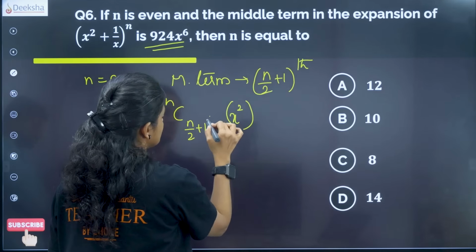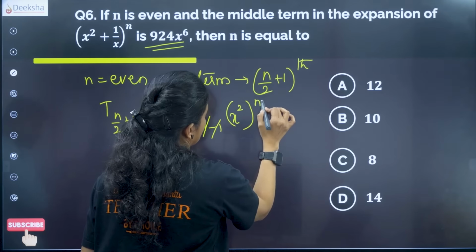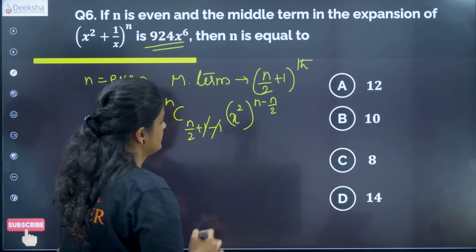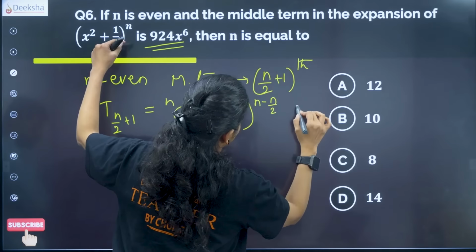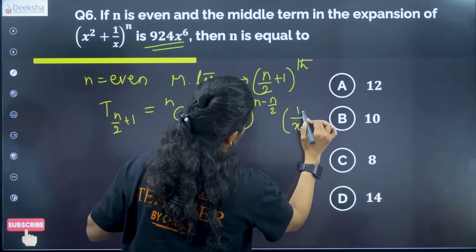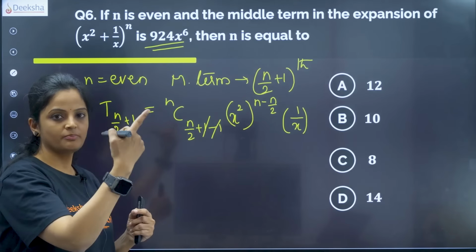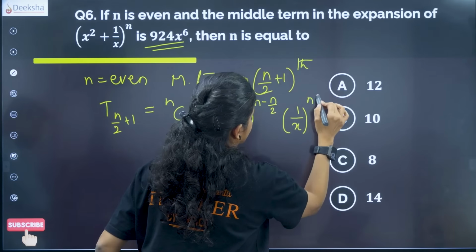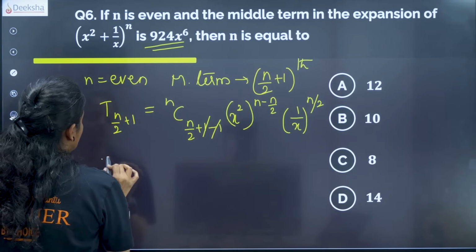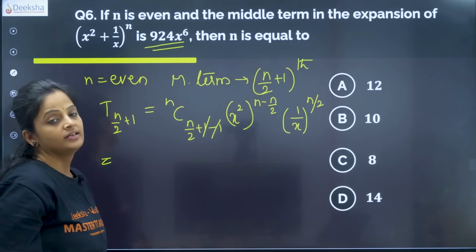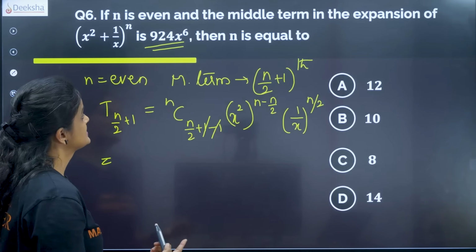N minus r, this 1 will get cancelled. I'll have n minus n by 2. Okay, and next term b, 1 by y whole to the power of r, right? So this simplification should be equated to 924 x to the power of 6.